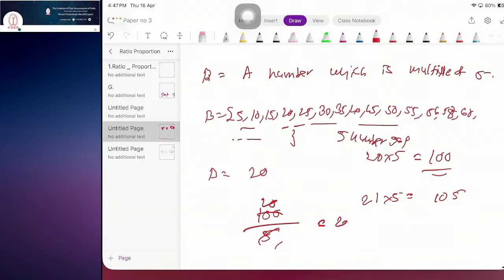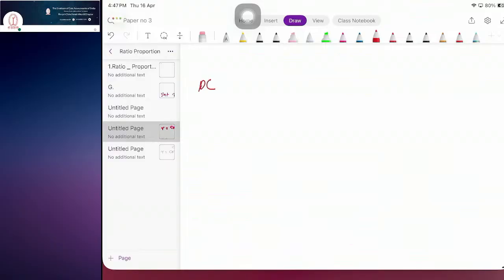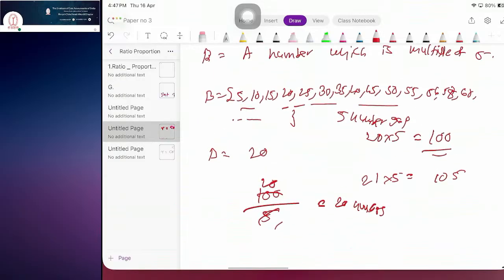So you will get 20 numbers in total which are multiples of 5. The probability of event, ह्याला आपण काय म्हटलंय? बी म्हटलंय.